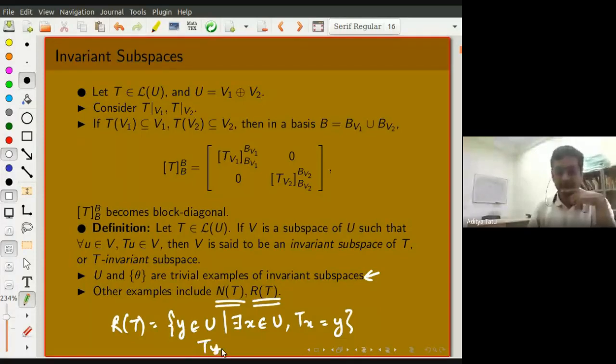What can we say about T of y, where y comes from the range of T? T of y by definition has to belong to the range of T, isn't it? Is it clear?